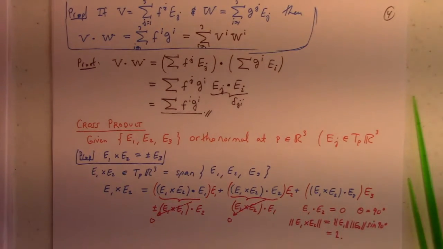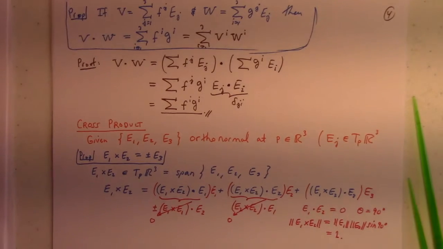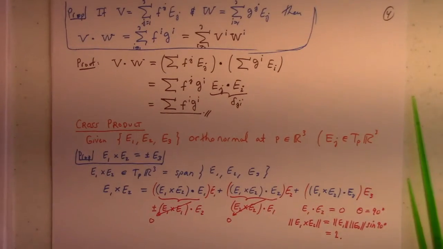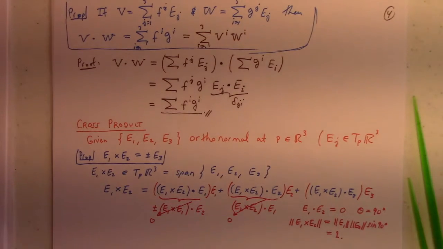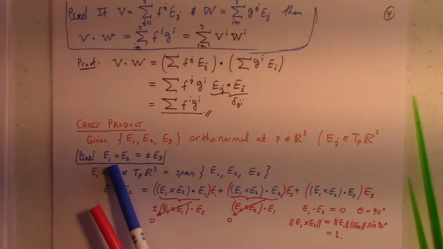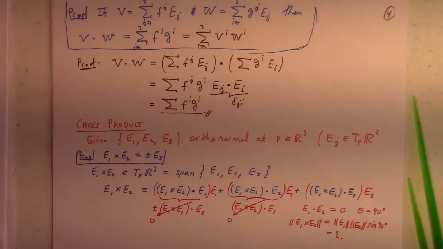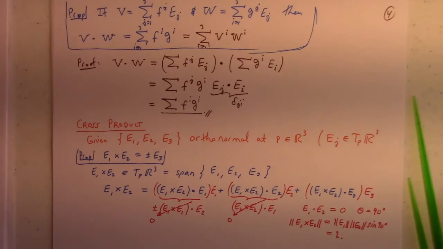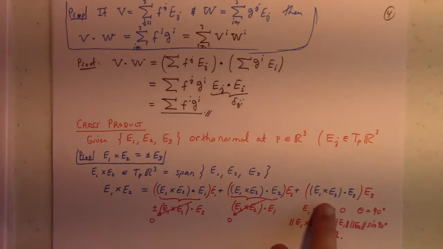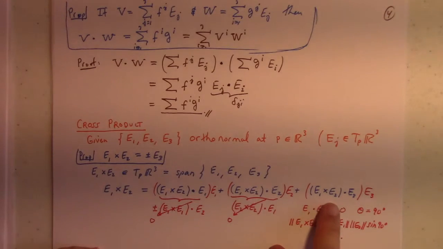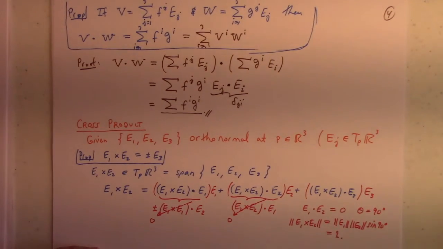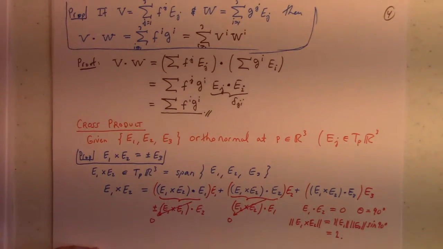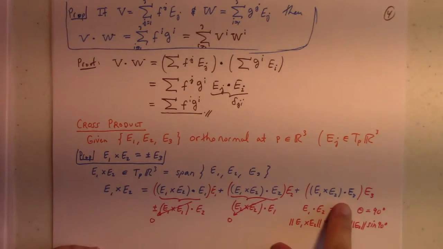Oh, I'm sorry. My assumptions for the thing I'm looking at in the notes are a little bit different. Here I'm not given that E1 cross E2 is E3. I need another little lemma that E1 cross E2 is in the direction of E3 in order to get the plus or minus 1 here.